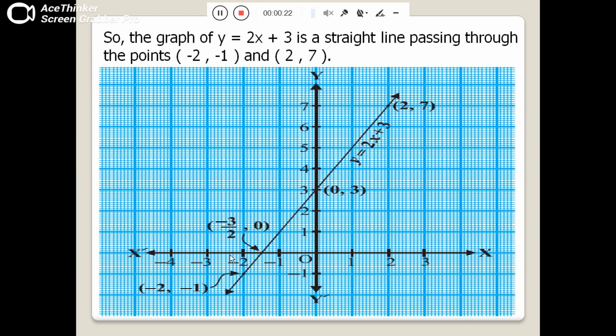This line is the graph of the linear polynomial y equals 2x plus 3. You get a straight line, and this line intersects the x-axis at one point. Therefore, the number of zeros of this line is only 1.